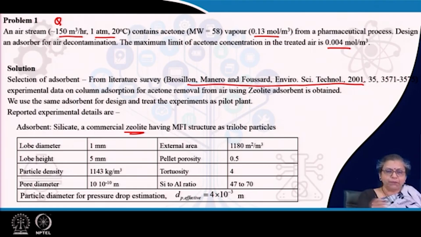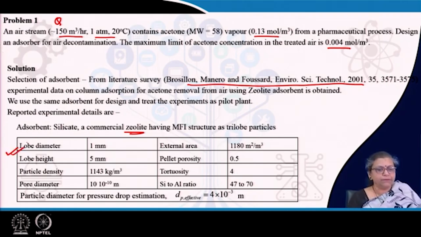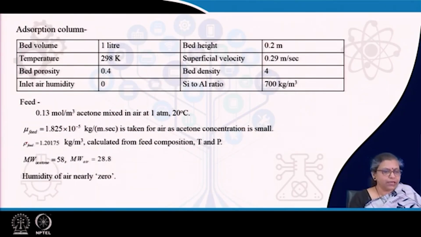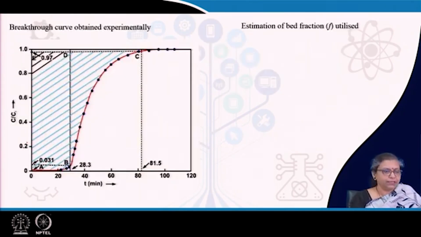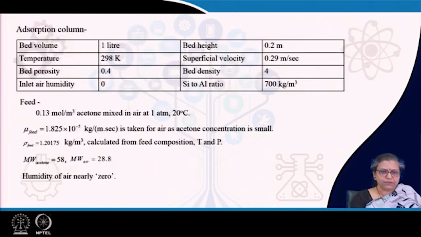In this particular paper, we found that they have provided experimental data on column adsorption for acetone removal from air. So, fortunately, we take up the properties of the adsorbent that they have provided, and we also take up the breakthrough curve that they have given us.